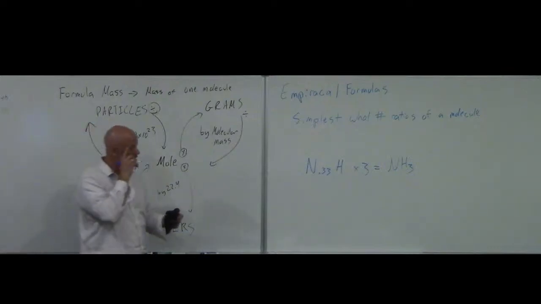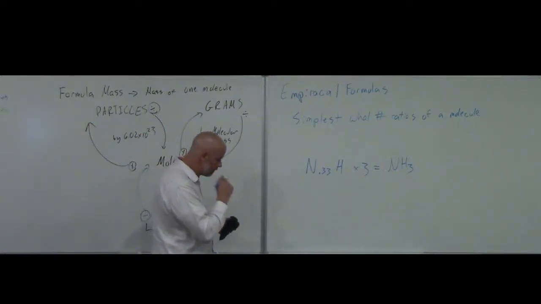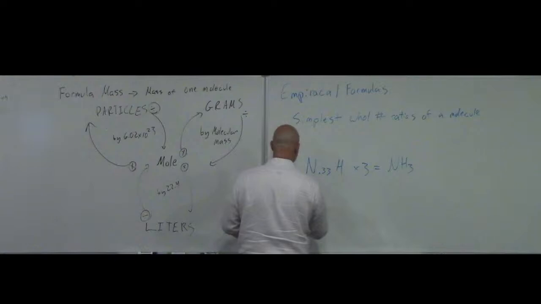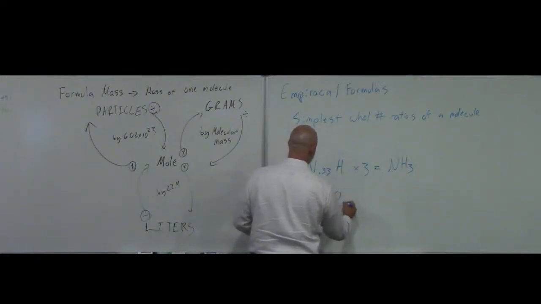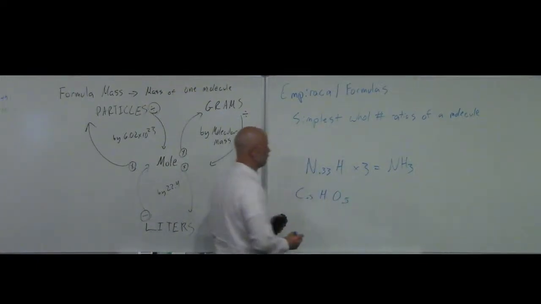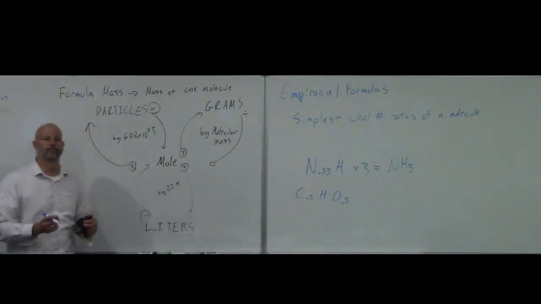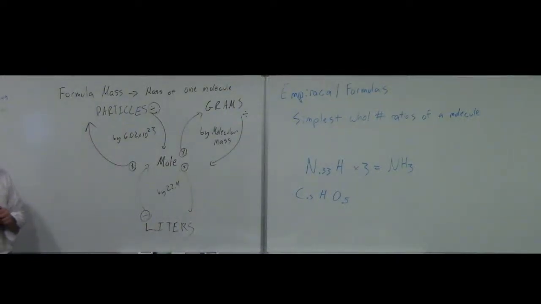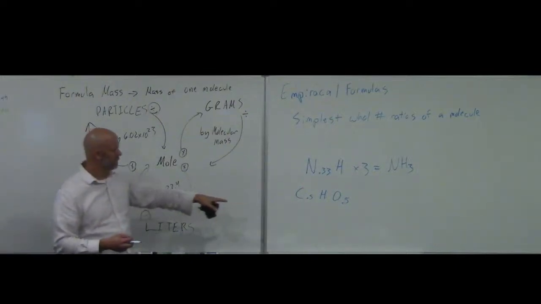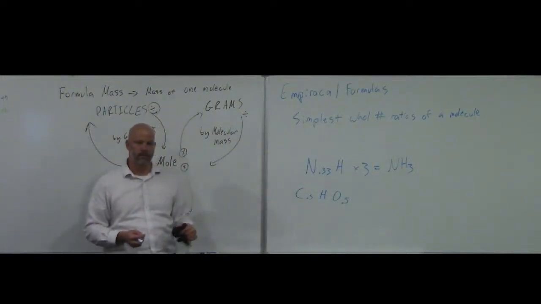Let me give you another one like that. Do that one. I've got to multiply, I can't divide, right? Because I've got these decimals. My decimal is 0.5, what do I need to multiply everything by?